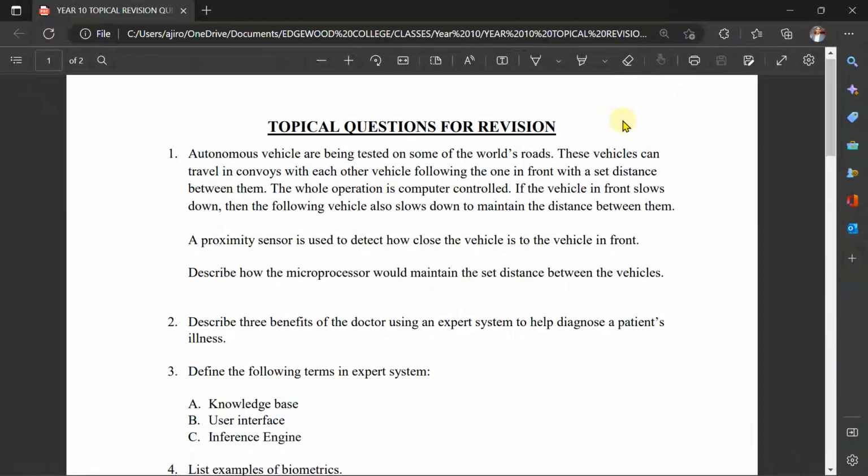And if the values are the same, nothing. What I mean is, if we have put it to 2 centimeters, what the proximity sensor does is it detects the vehicle that is in front. So whenever it's 2 centimeters, nothing happens.